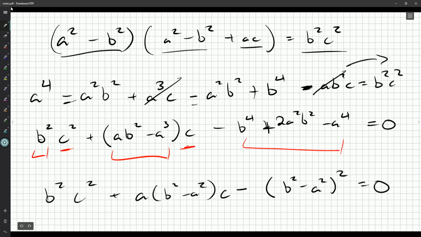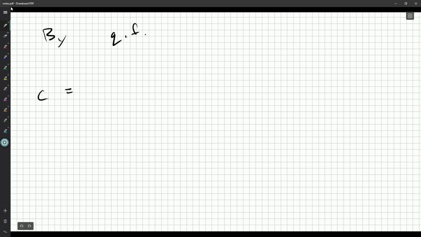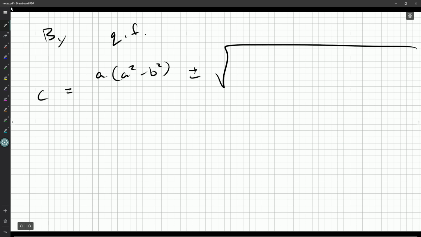Okay, so we can say something like by quadratic formula, c has got to be negative b. So we'll say a squared minus b squared. I'll just introduce the minus sign by flipping those two around. Plus or minus, squaring that, so that'll be a squared and a squared minus b squared squared. I suppose it should be b squared minus a squared, but squaring it then doesn't change the order.